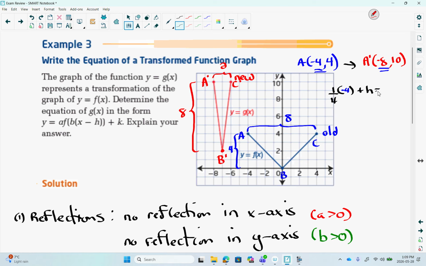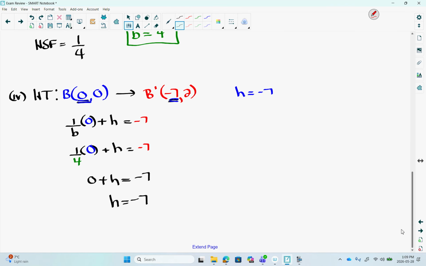Anyone know what that is? That'd be -4 over 4, or -1, plus h equals -8. What would you do here to solve for h? What would you do with this -1? Add 1 to both sides and you'd get h equals -7. Okay? And it would work for point C as well. H is -7. What's the next thing I need to do?